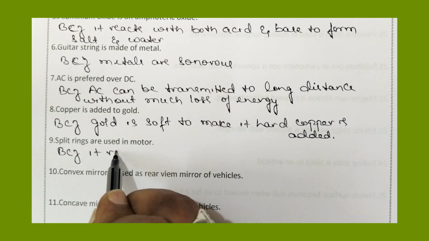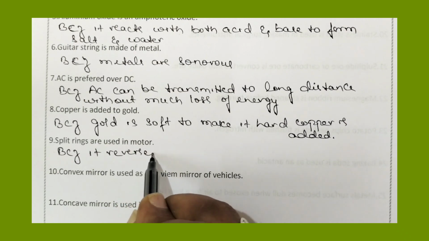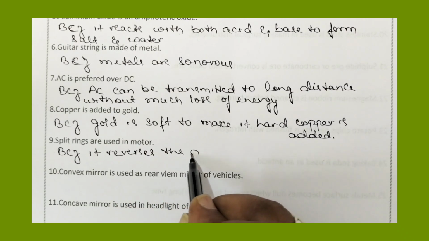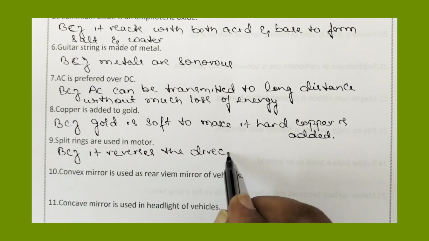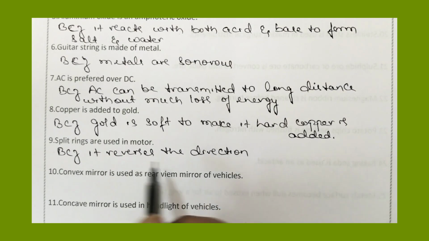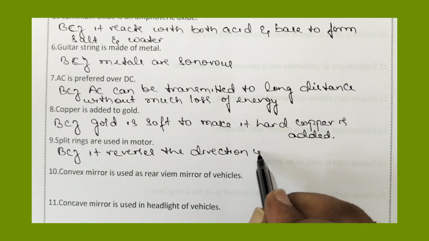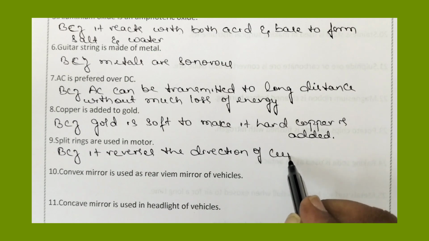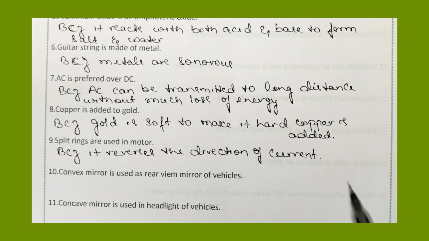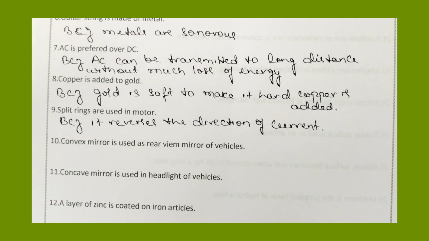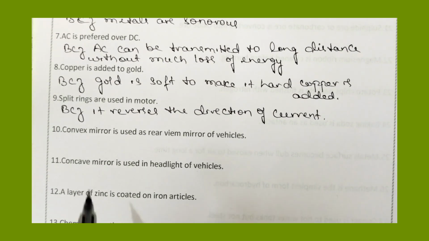Next, split rings are used in a motor because it reverses the direction of current. It is also called a commutator. To reverse the direction of current, split rings are used. Next, question number 10.